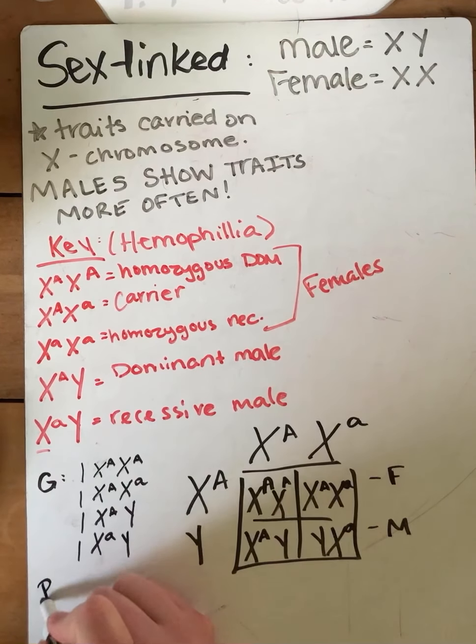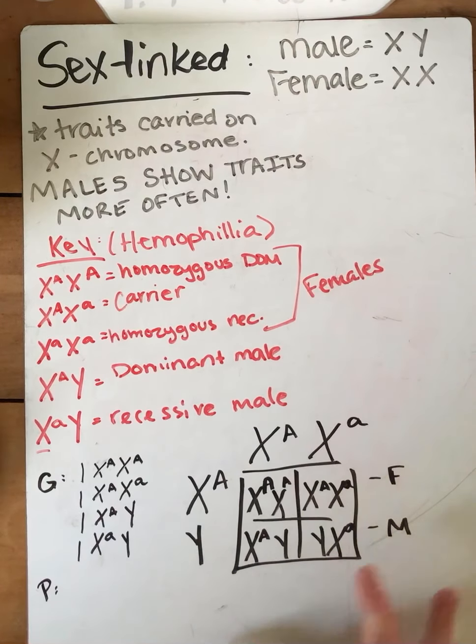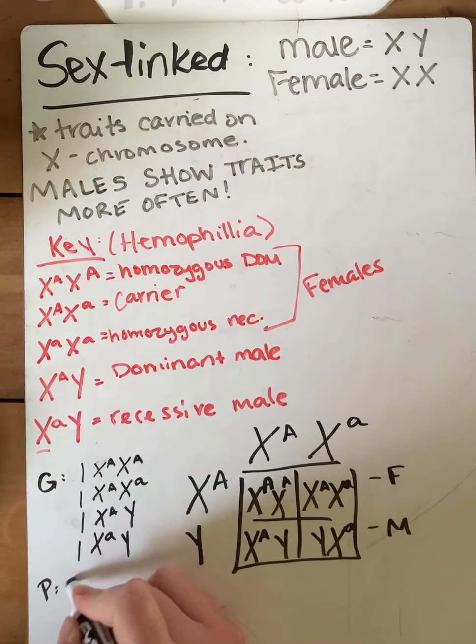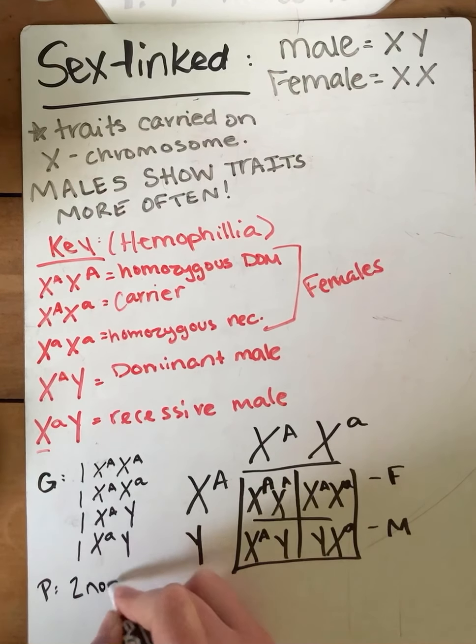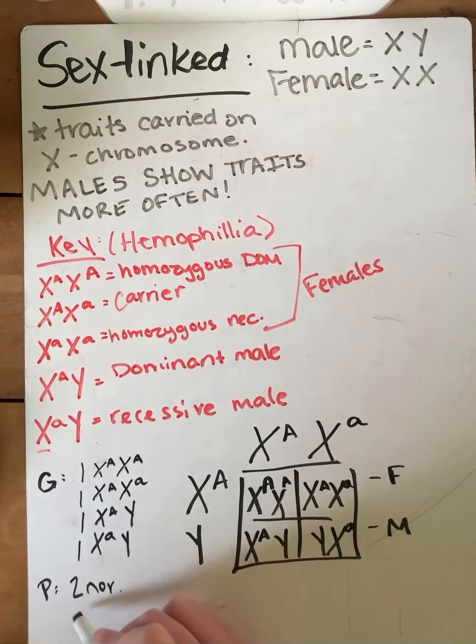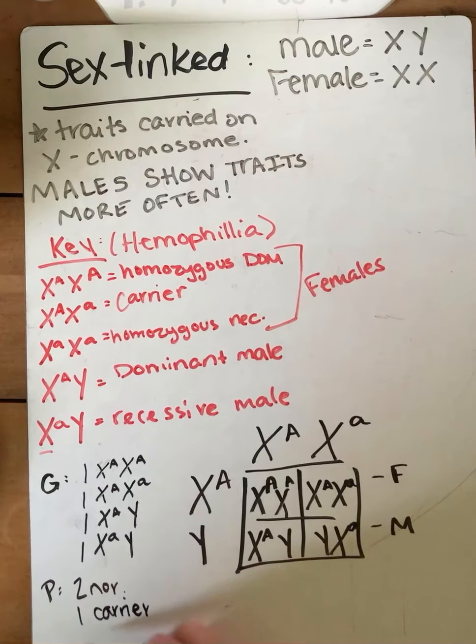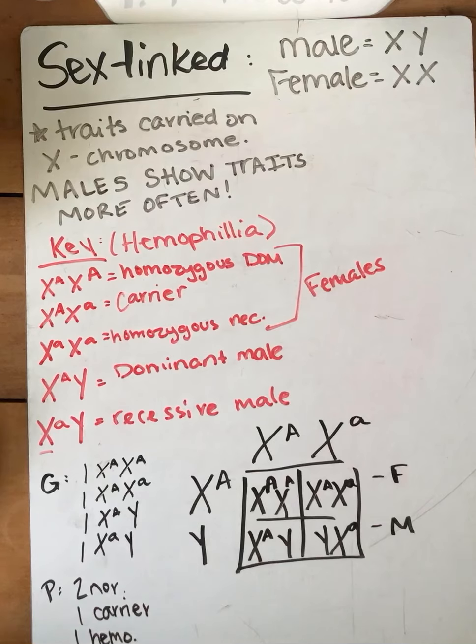Our phenotype, a little bit different. Out of all of our kids, you have 2 normal kids. You have 1 carrier. And you have 1 hemophilic kid. Now, technically speaking, if a question got very elaborate, it might ask you for the phenotype specifically, the difference between the males and the females.